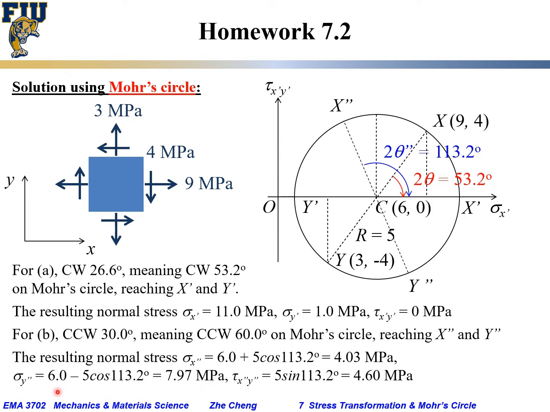Okay, a negative, so you get larger than the original value. And the tau xy prime would just be this phi times the sine for that angle. It will turn out to be 4.60 megapascal, and this result matches what we got exactly earlier.